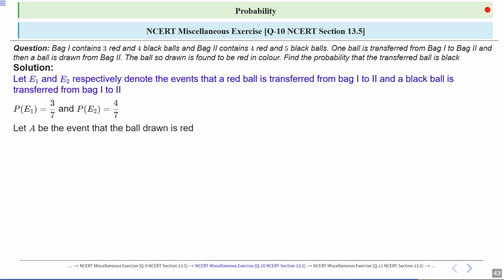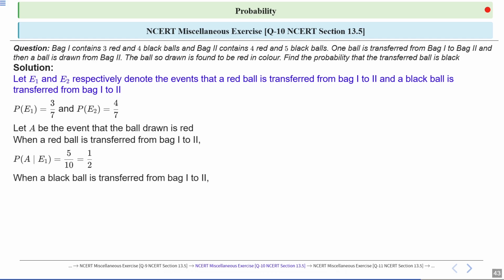Let A be the event that the ball drawn is red. When a red ball is transferred from bag 1 to 2, probability of A given E1 equals 5 by 10 equals 1 by 2. When a black ball is transferred from bag 1 to 2, probability of A given E2 equals 4 by 10 equals 2 by 5.